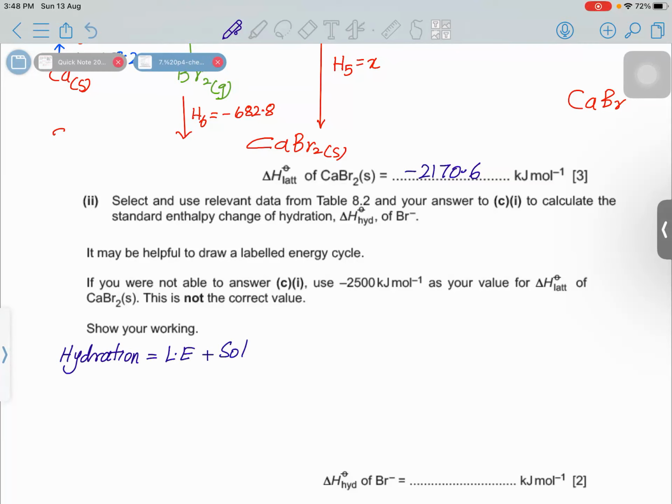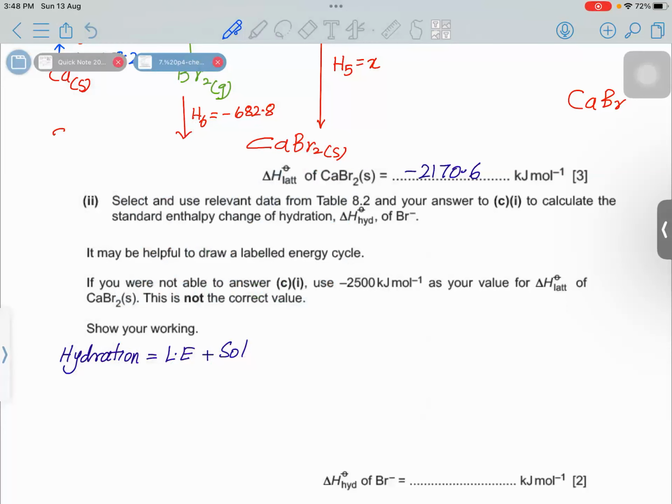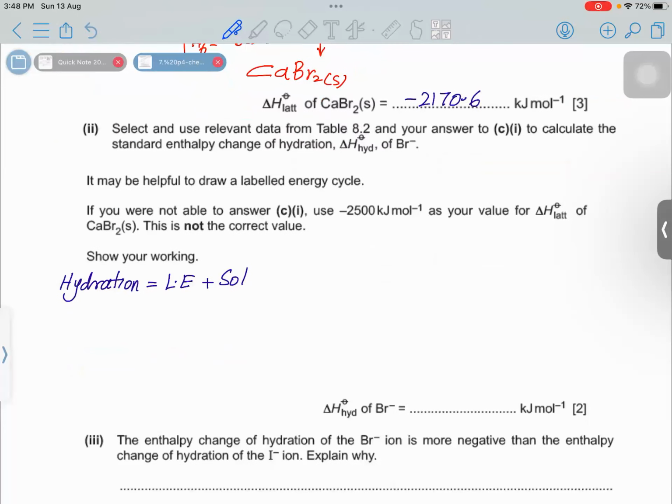Are you getting my point or not? Yes, sir. Hydration is equal to lattice energy plus solution. Now your salt is calcium bromide, right?